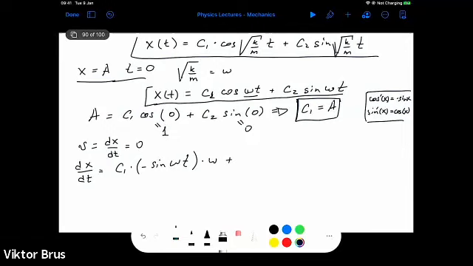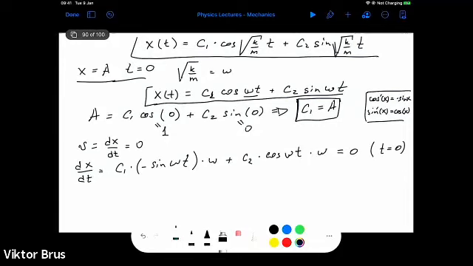Plus, we have a similar picture here. It will be C2 times, now we have positive cosine omega t, and times omega. Okay, so this is equal to 0 at t equal to 0.